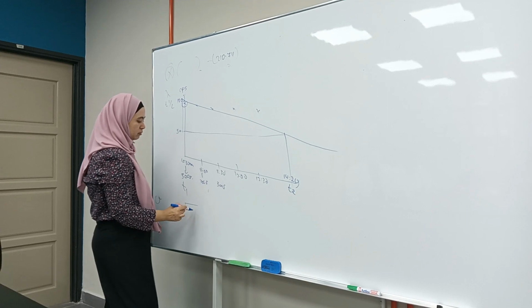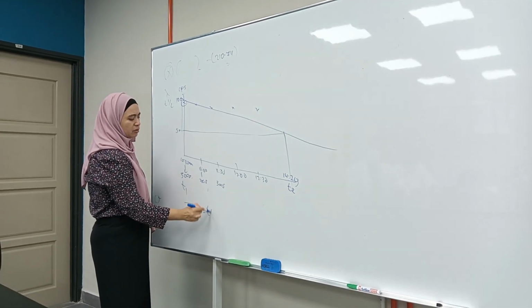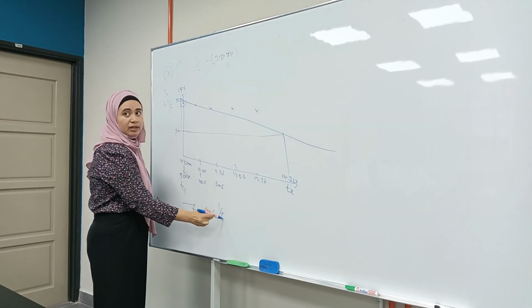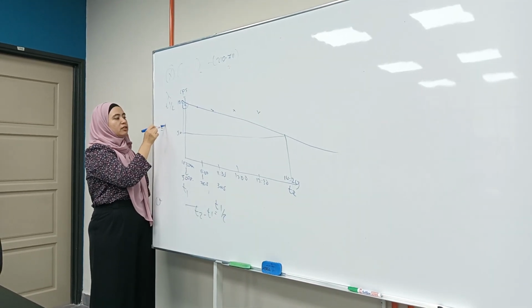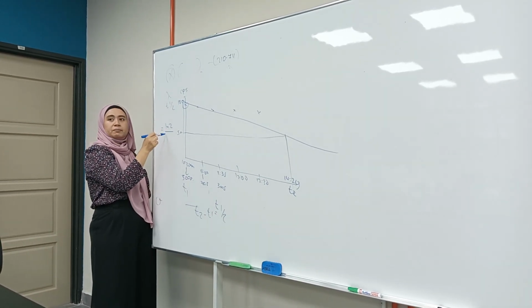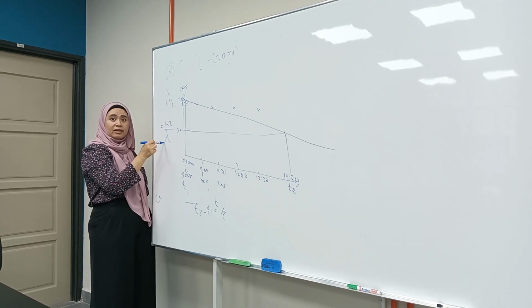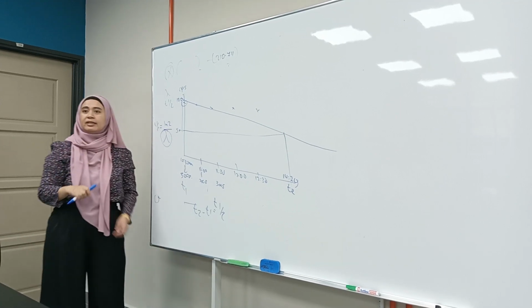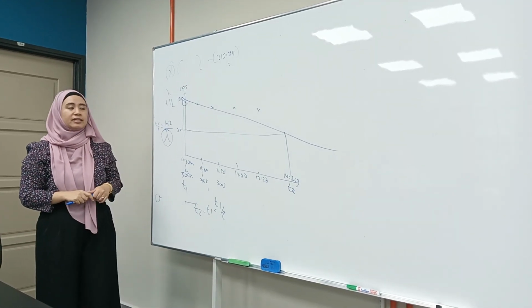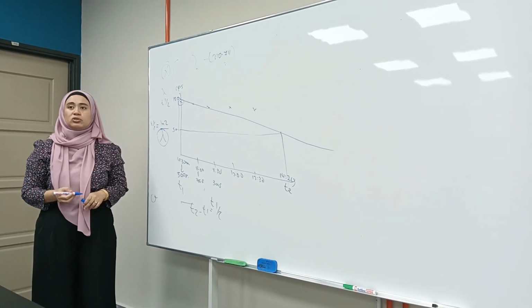So T2 minus T1 is equivalent to your half-life. And the decay constant is equivalent to ln 2 divided by half-life. And you can identify the decay constant. And this is one method to do it.